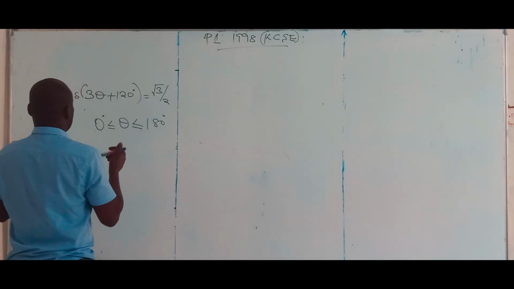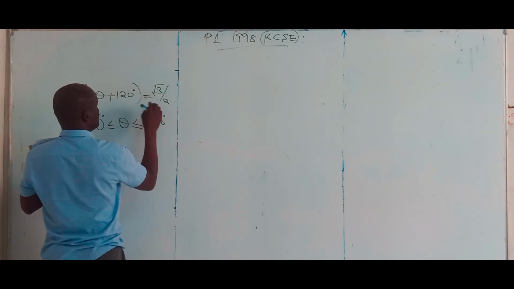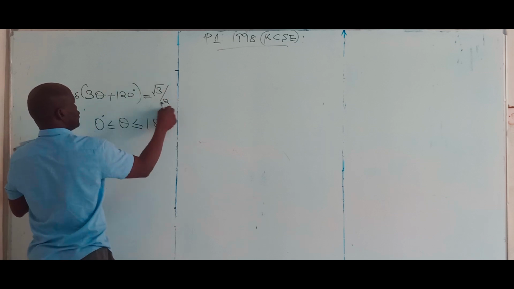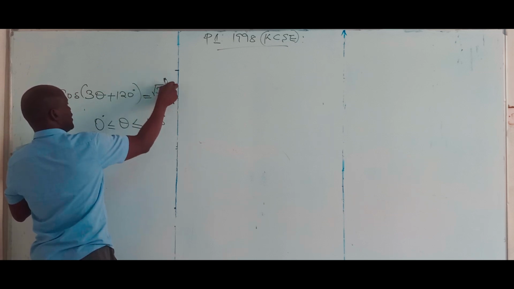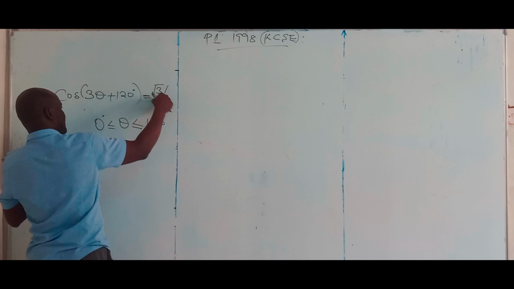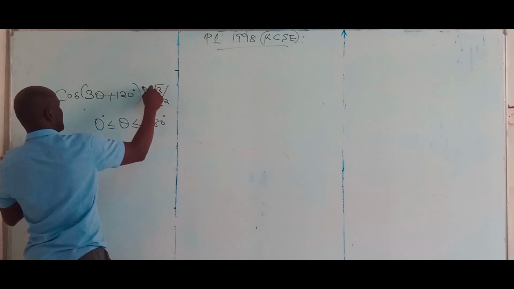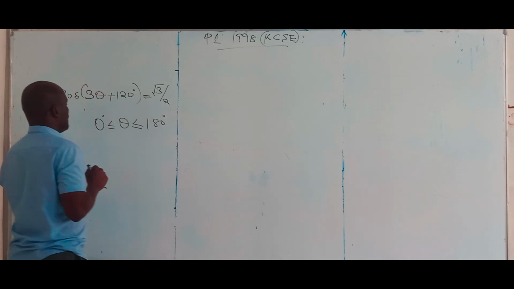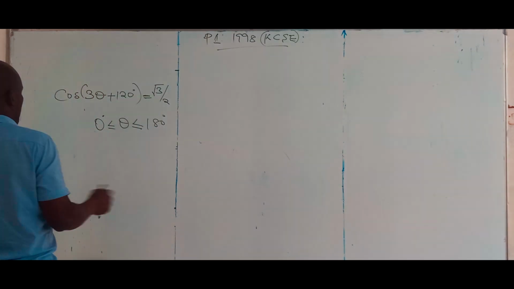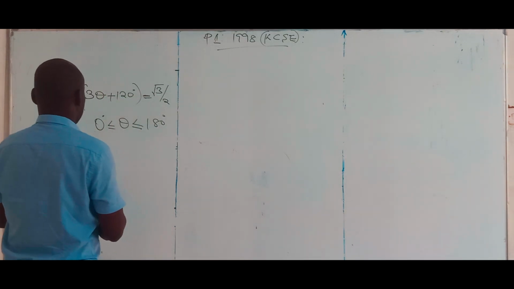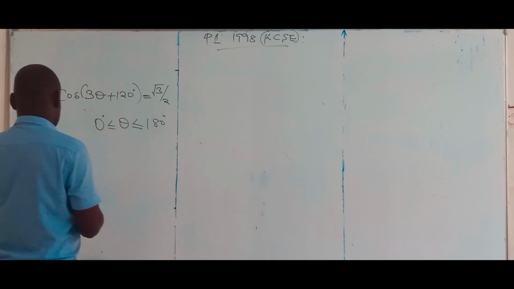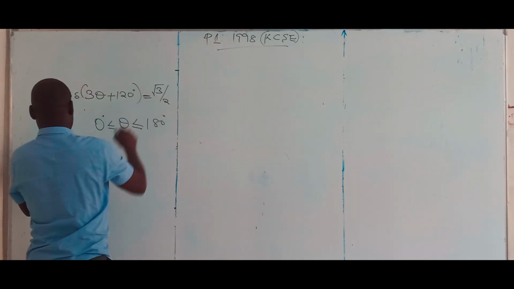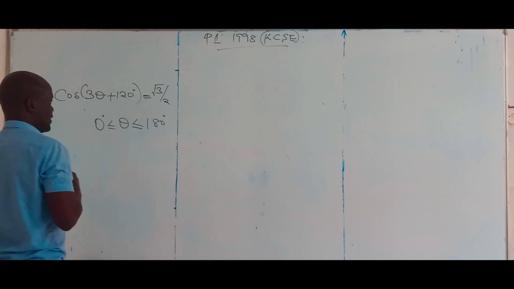First of all, what I will do is use my calculator to get this value, root of 3 over 2, which represents the cosine of the entire expression. If you do, you should get 0.866.